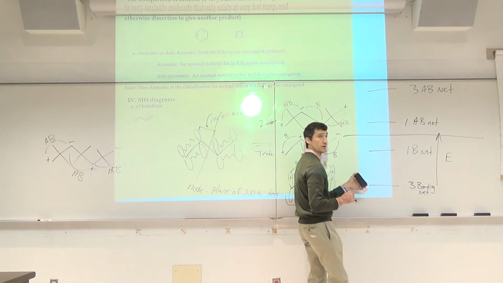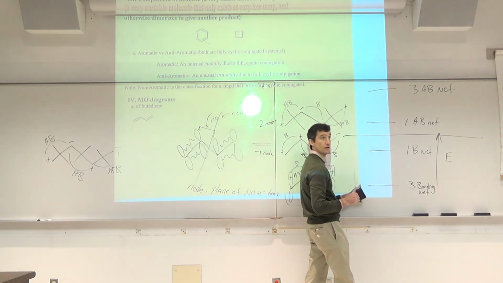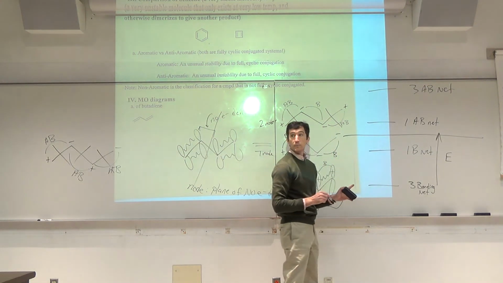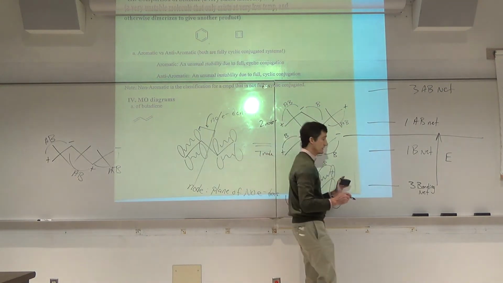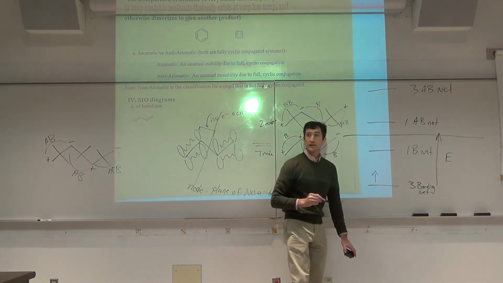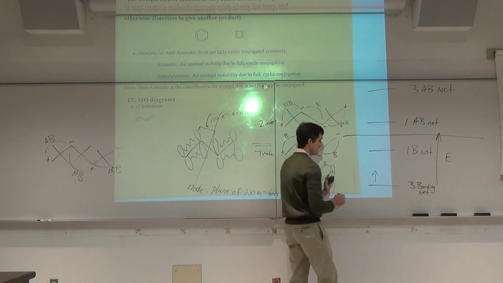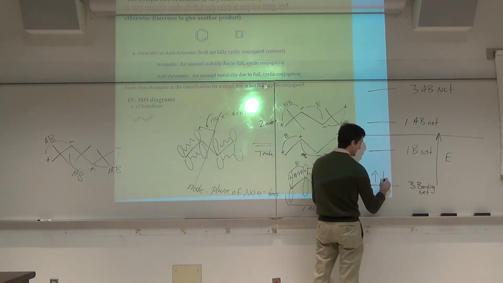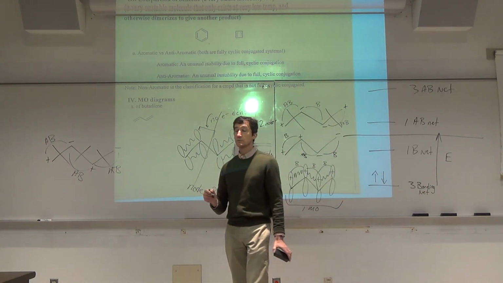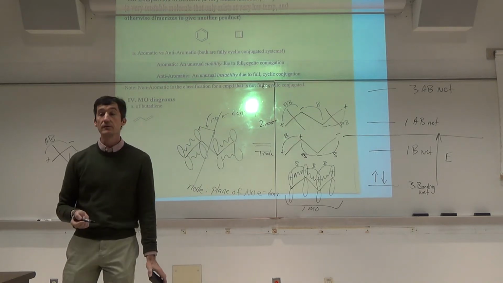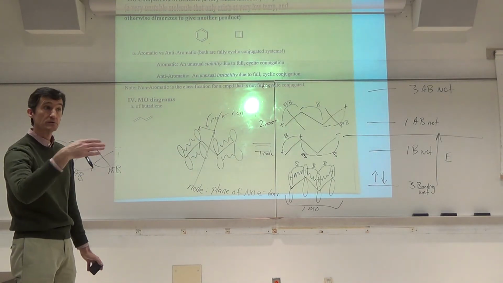Where's your first electron go? The Aufbau principle tells us it goes where? It goes there. Where's the next one go? Same MO, but opposite spin. That's Hund's rule. We did not have a degenerate one there, so there's not another one to fill before we start pairing.